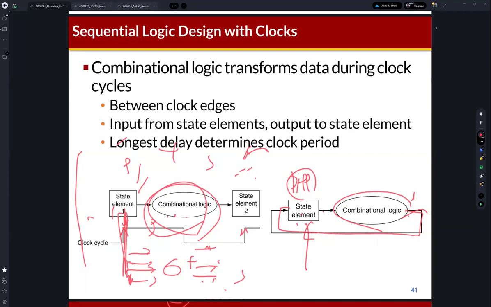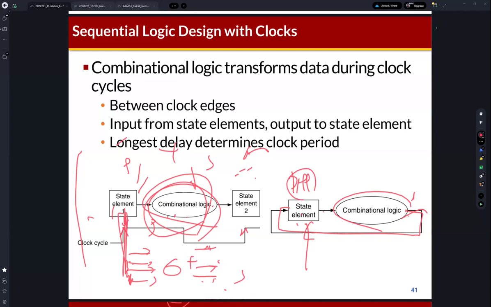So actually we cannot estimate the exact timing of this combinational logic. That's what I said, because the delay of a circuit is influenced by many factors, right?